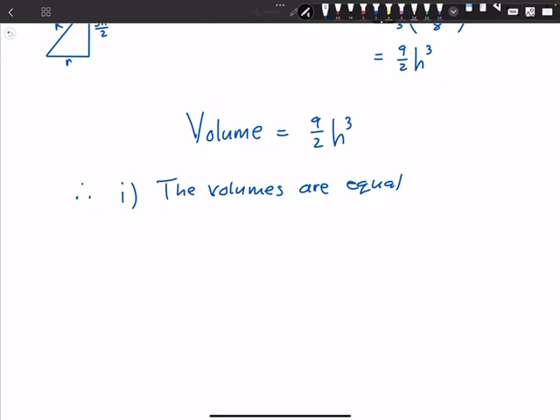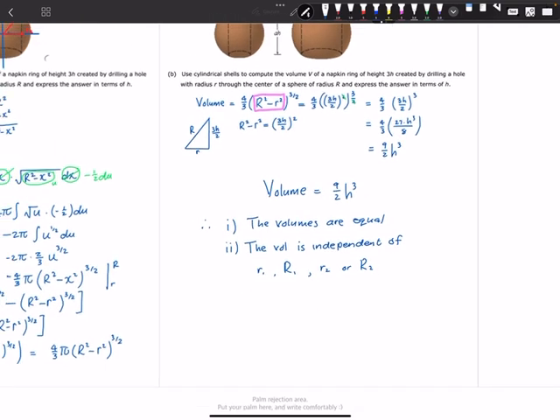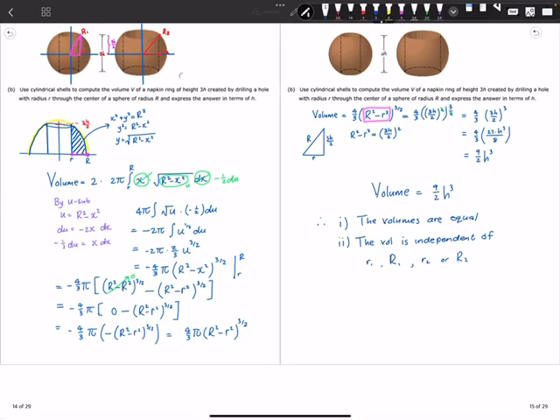And number two, the volume is independent of little r1, big R1, little r2, or big R2. So we were able to calculate the volume for each, and we can see that it is not dependent on any one of those radii.